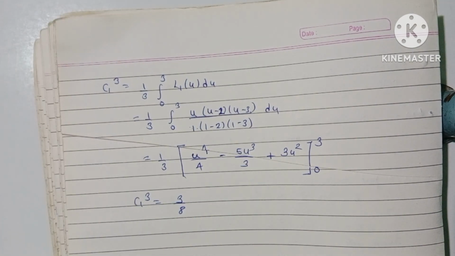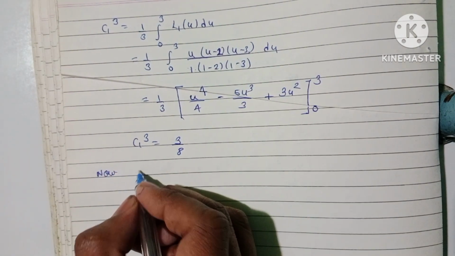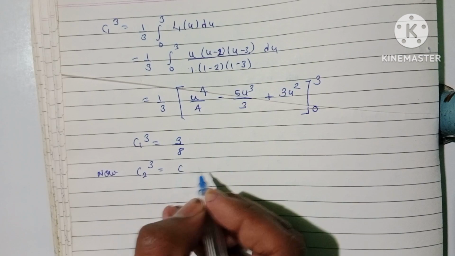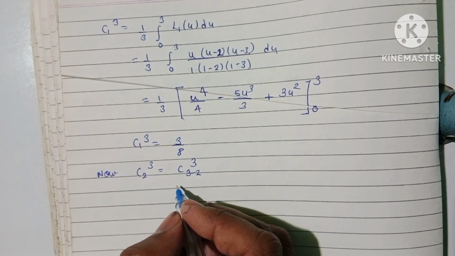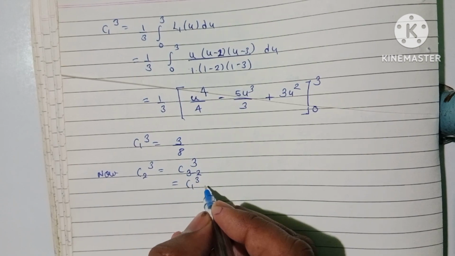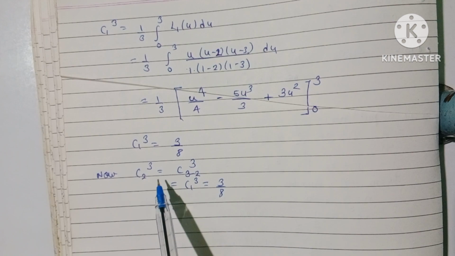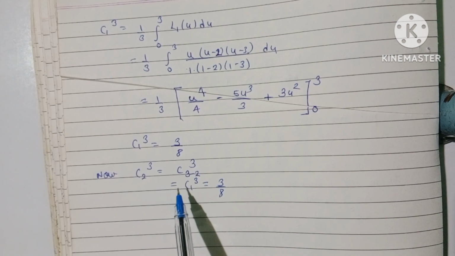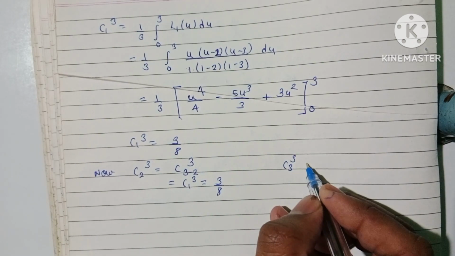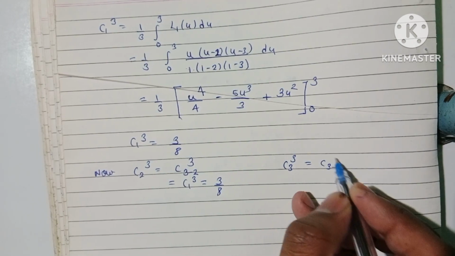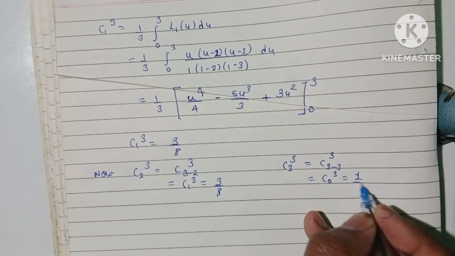Now we know that C2^(3) equals C_(3 minus 2)^(3), which is equal to C1^(3) equal to 3 by 8. This is the binomial expression or permutation combination formula, and C3^(3) equals C_(3 minus 3)^(3) equals C0^(3), which is equal to 1 by 8.